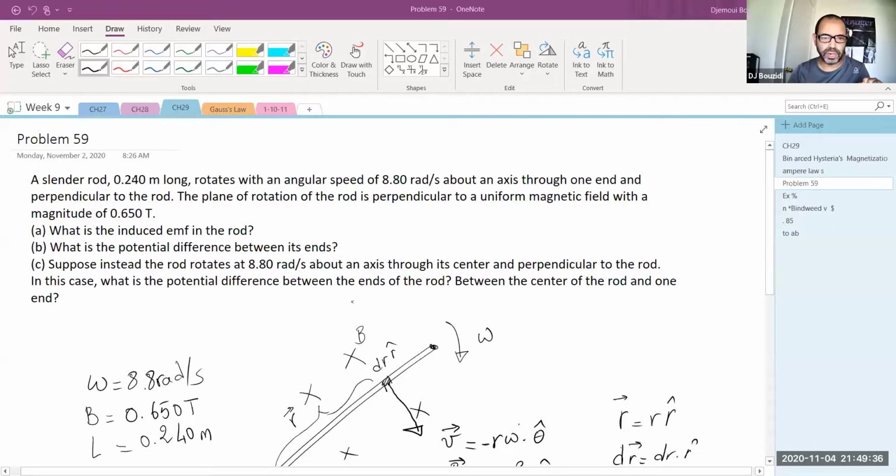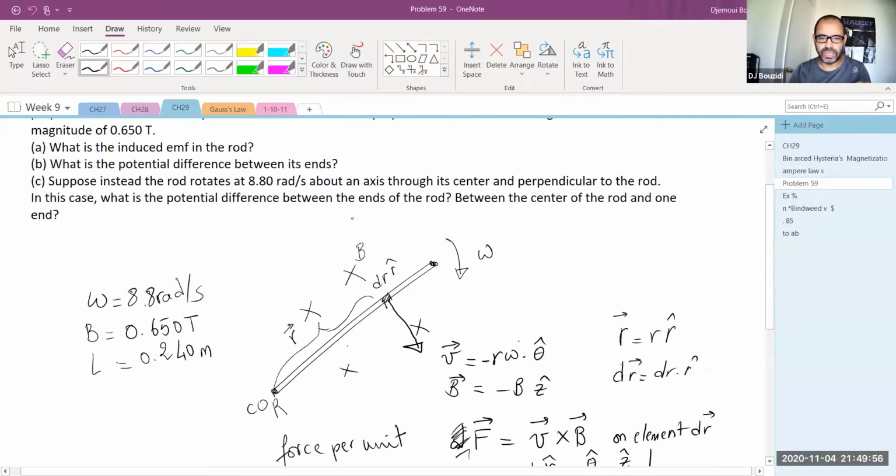Okay, thank you, Daniel. Okay, so I'm going to continue now with this problem. Problem 59 gives you a rod, 24 centimeters long, that rotates with an angular speed of 8.8 radians per second about an axis through one end, perpendicular to the rod.